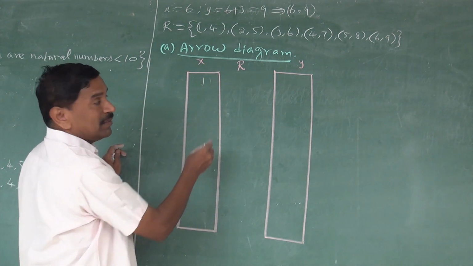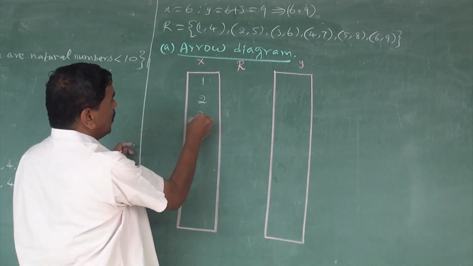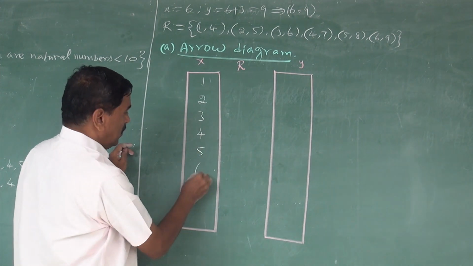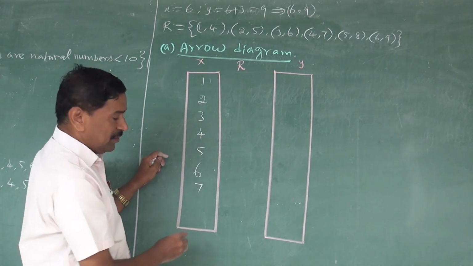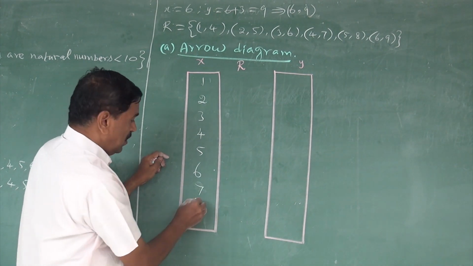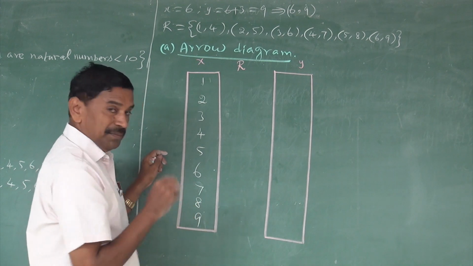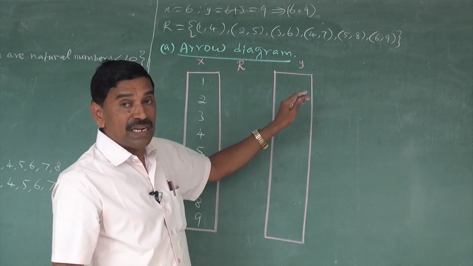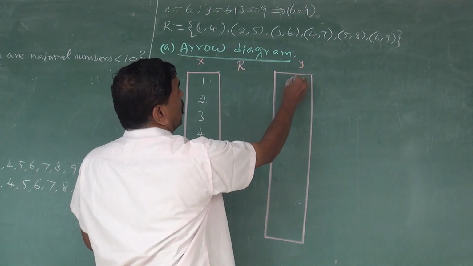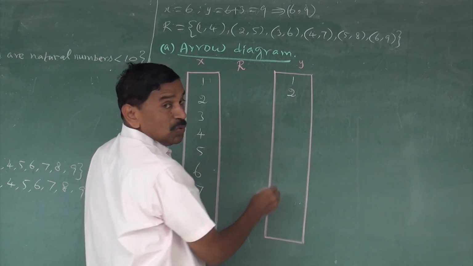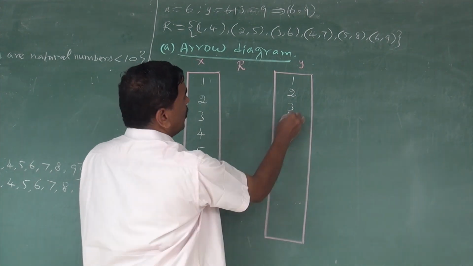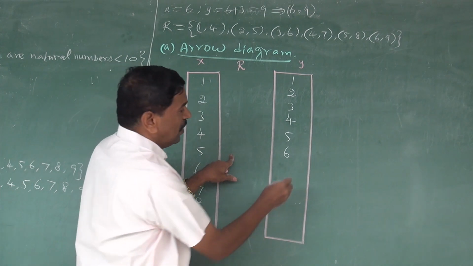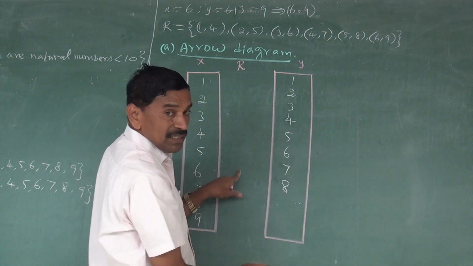They are 1, 2, 3, 4, 5, 6, 7, 8, 9. Similarly, Y can take the values, again the set of all natural numbers less than 10. They are 1, 2, 3, 4, 5, 6, 7, 8, 9.